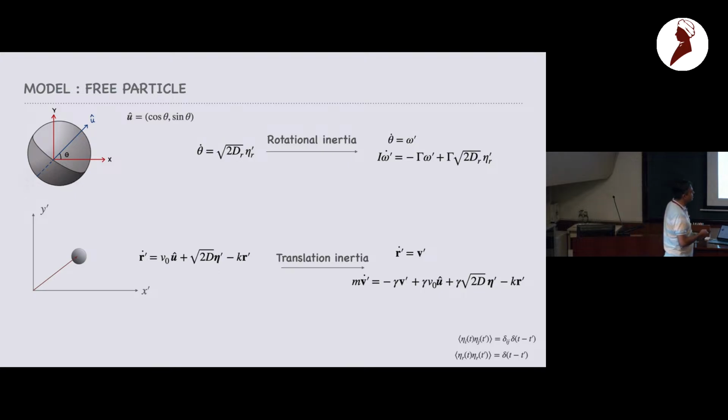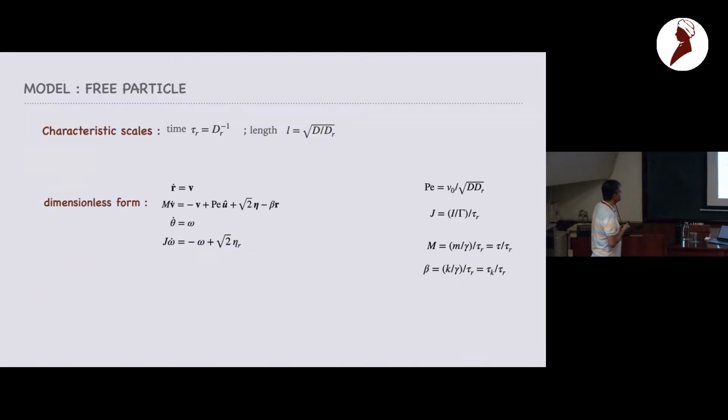Similarly, for position, you write down the position dependence on velocity, and the equation for velocity. So the activity is this, gamma v0 u hat, and that u hat depends on theta, this angle in 2D. So that evolves like that. So that's the activity in the dynamics, but otherwise a simple thing.